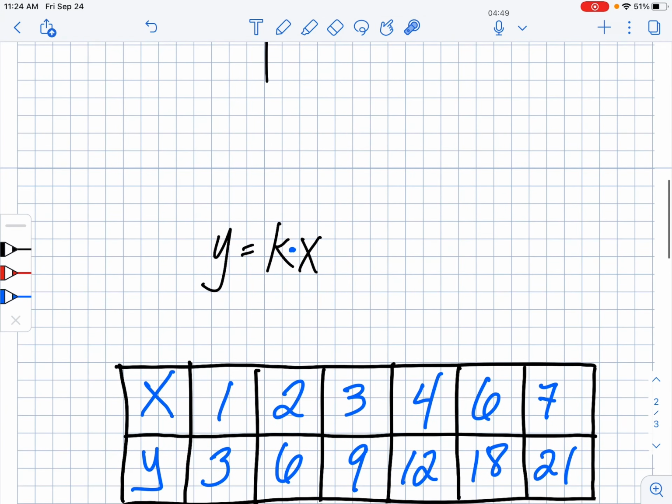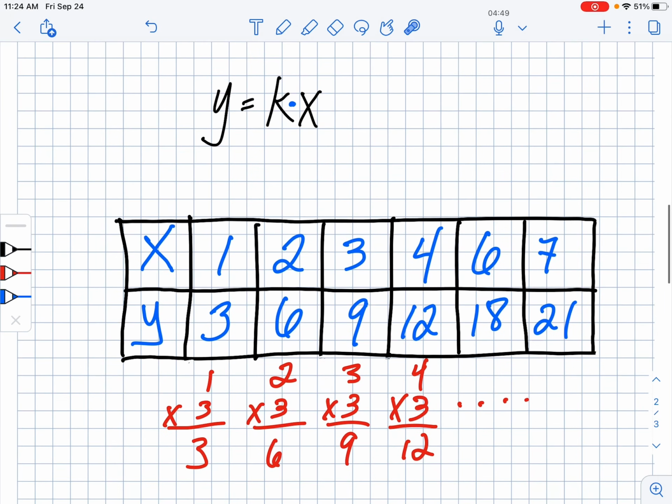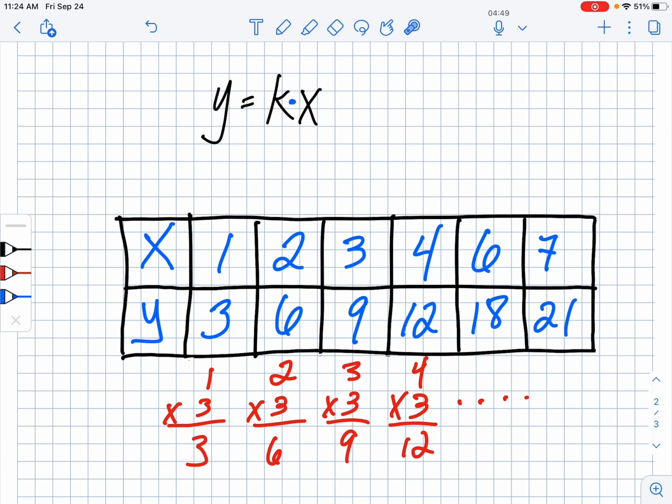Finally, as a table, so this is an example of a table that is a direct variation. We want to think of, again, this same equation, noticing how all of these things are related. If it is direct variation, our variable y will be equal to some number times x. You'll just have to find that number.